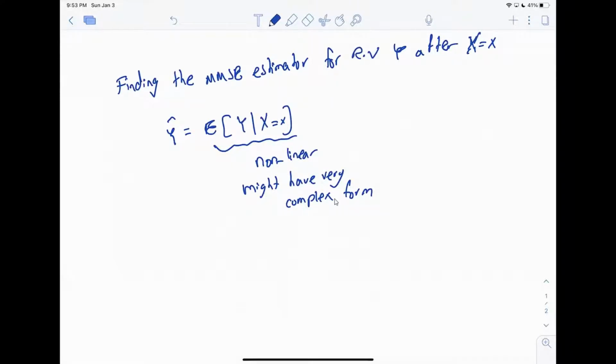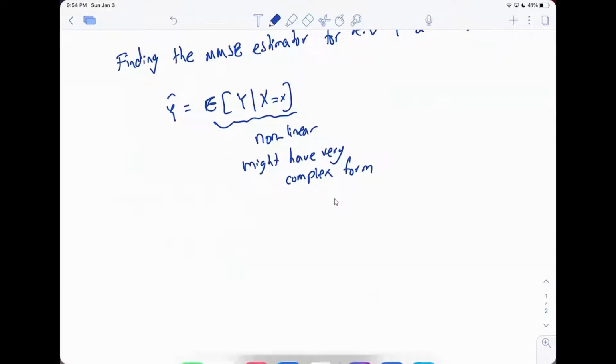Very important. What do I mean by linear MMSE? The linear MMSE estimator is a class of estimator such that y hat, the expected value of y given x, is equal to a x plus b.